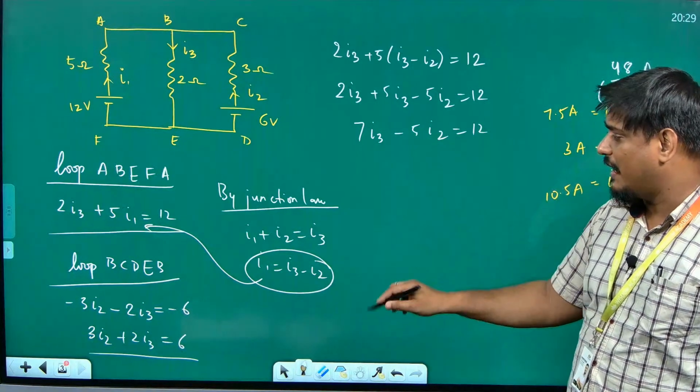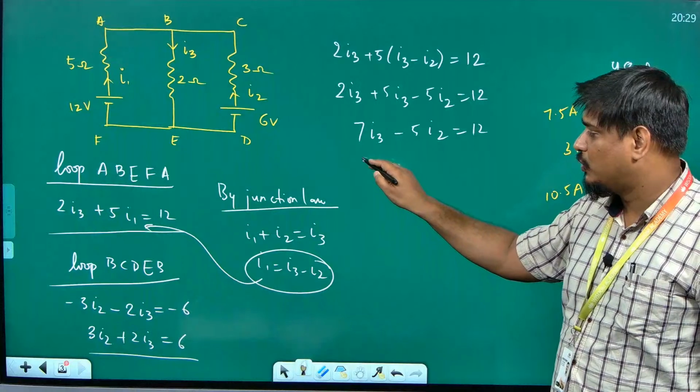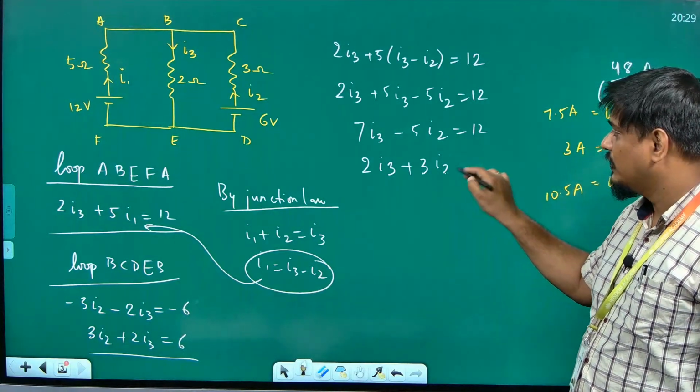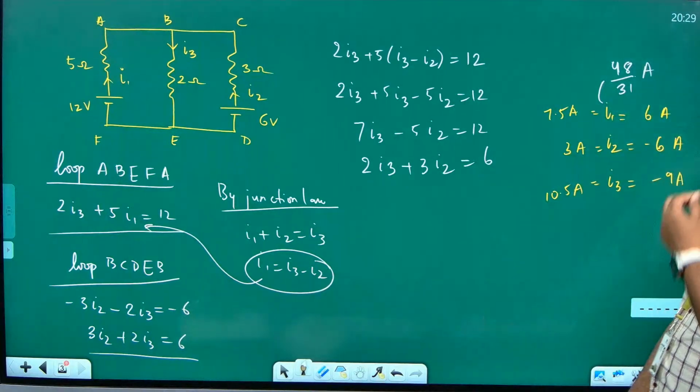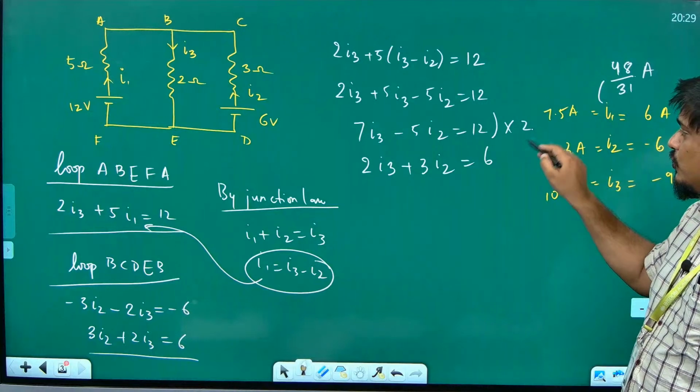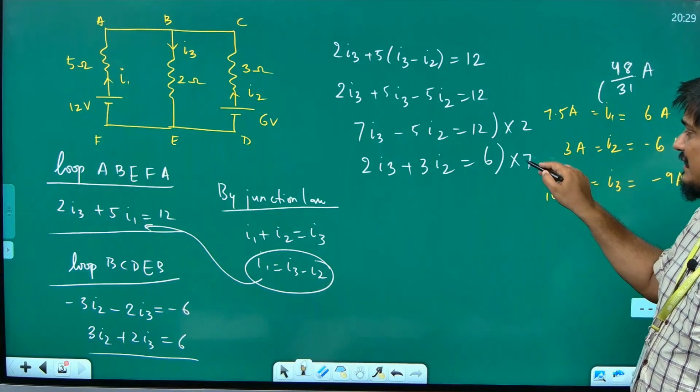And one equation I have, which is 2I3 plus 3I2 is equal to 6. Now, I am going to multiply this equation with 2 and this equation with 7.